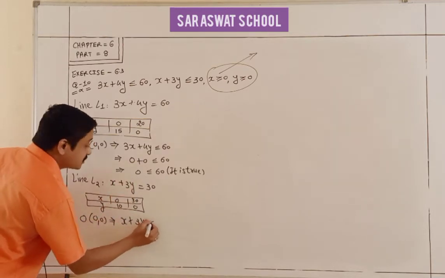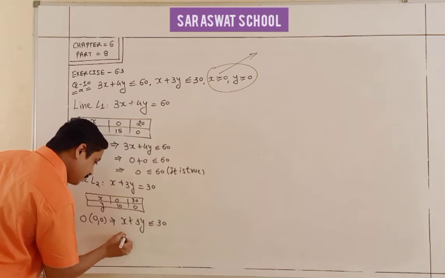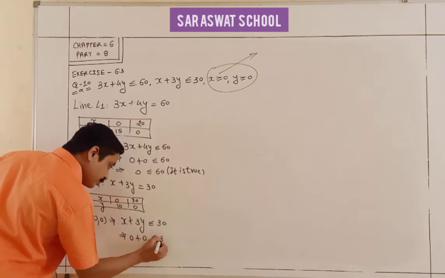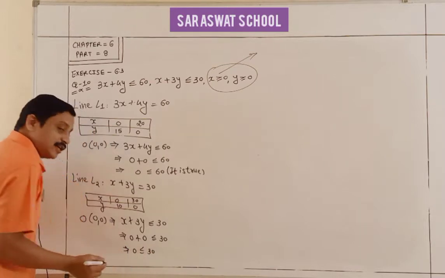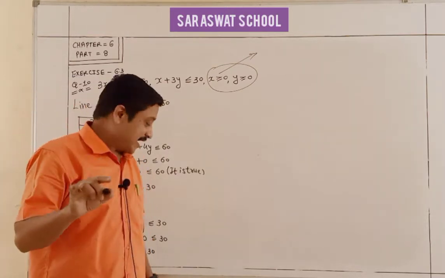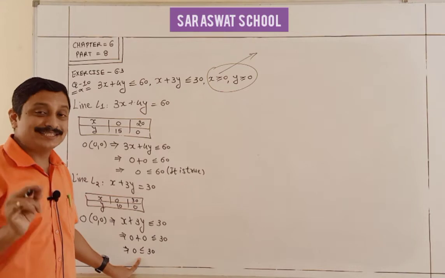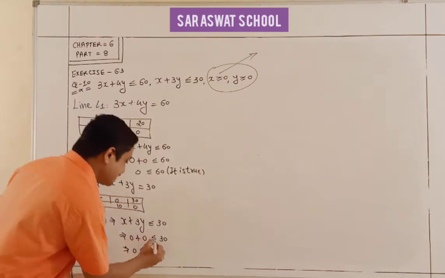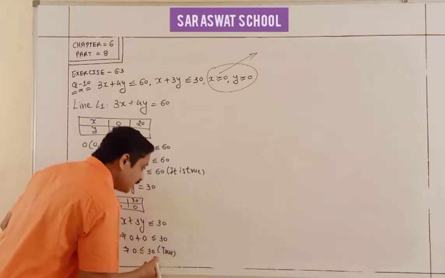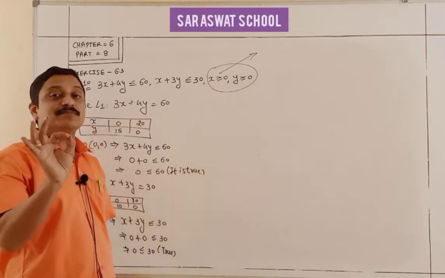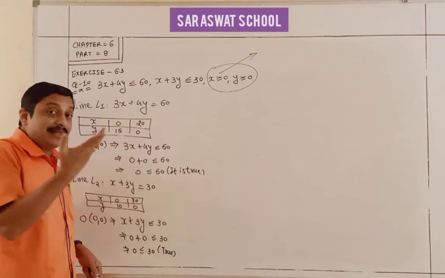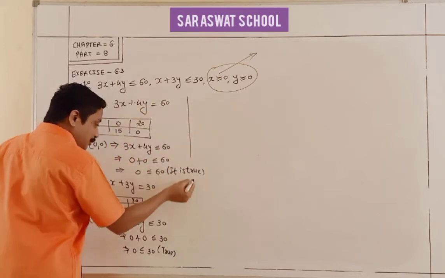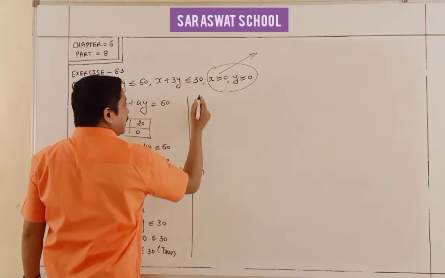X plus 3y less than or equal to 30, so 0 plus 0 less than or equal to 30. Finally, check if it is true or false. 0 is less than 30. Yes, it is true. It means my shading portion must be passing through the origin for the L2 line, like the L1 line also.